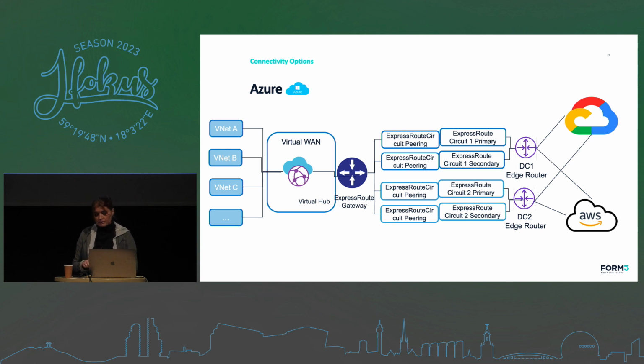The problem is that Azure is a relatively new cloud compared to the other two. And we experienced a lot of problems and bugs in Azure. Eventually we had to give up on Virtual WAN because it has a bug with routing, and it doesn't support round-robin routing across connections.